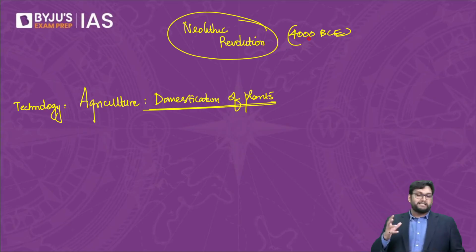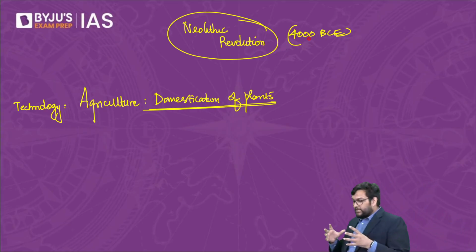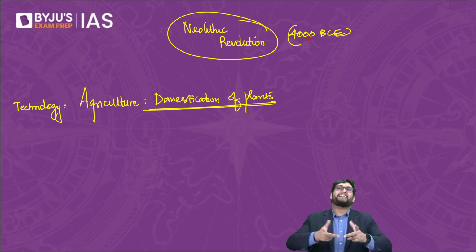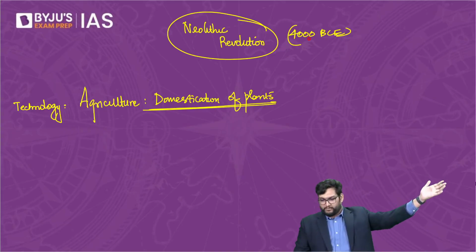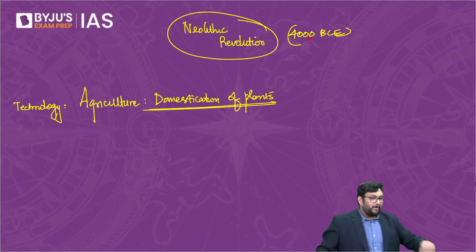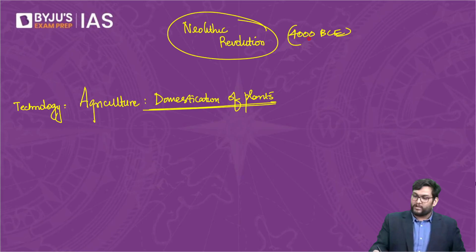But agriculture is basically like a trigger. It's a catalyst. Because, for example, if you do agriculture, can you sow the seed and go to a different place? No. When you sow the seed, you can't go to a different place.